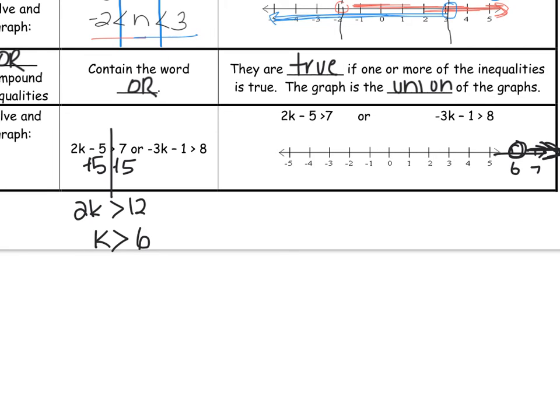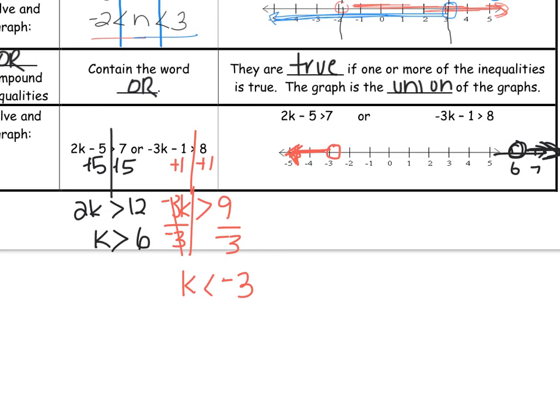For 3k minus 1 is less than or greater than 8. Add 1 to each side. We get negative 3k is greater than 9. We're dividing by a negative 3, so that is going to flip my inequality symbol around. So again, it's greater than, so open circle on negative 3, and we're going to shade everything, wrong direction, everything that is less than negative 3.